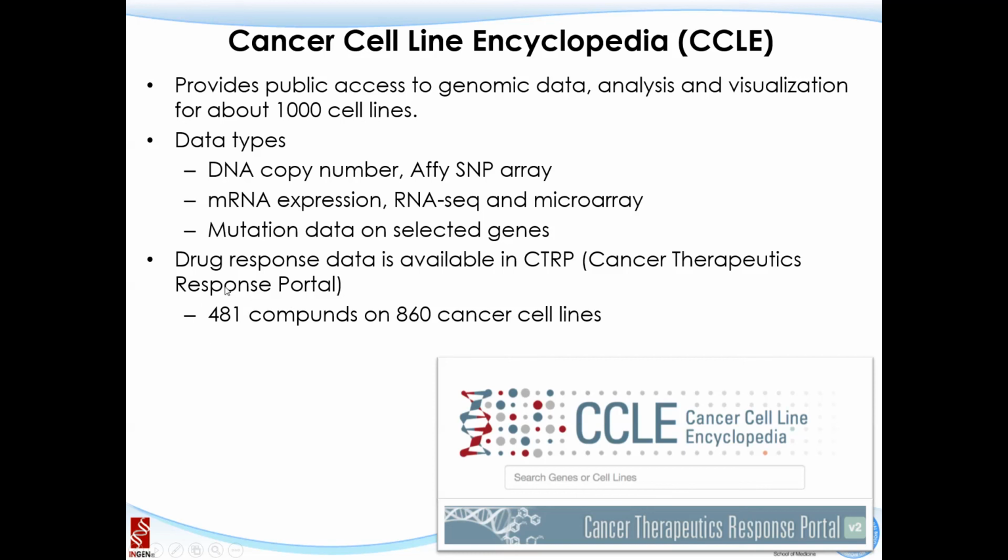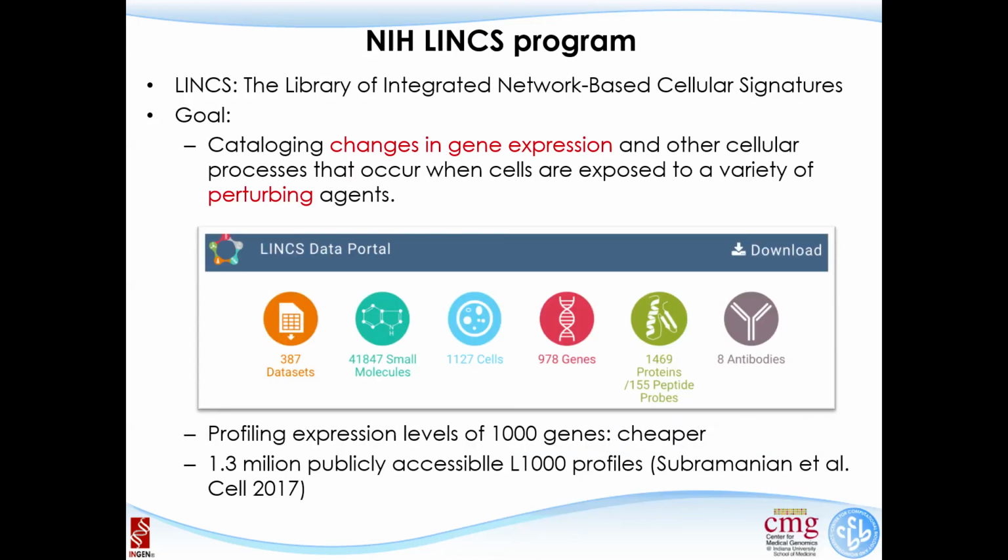So you can think of it this way: we have the 1,000 RNA sequencing profiles from CCLE, but in the CTRP, for 800 cell lines, we have 500 drugs, so there are a lot of combinations, and we know their drug response data as well. That offers an incredible resource for us to understand whether the gene expression level at the basal level can help us predict drug sensitivity. Those are the data that are available in the public domain as well.